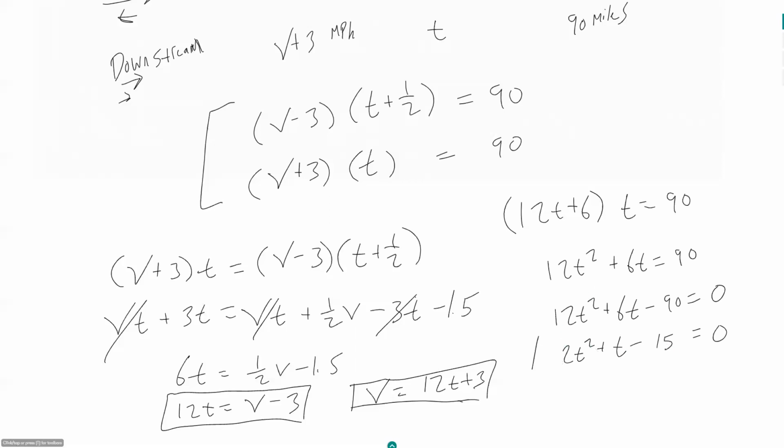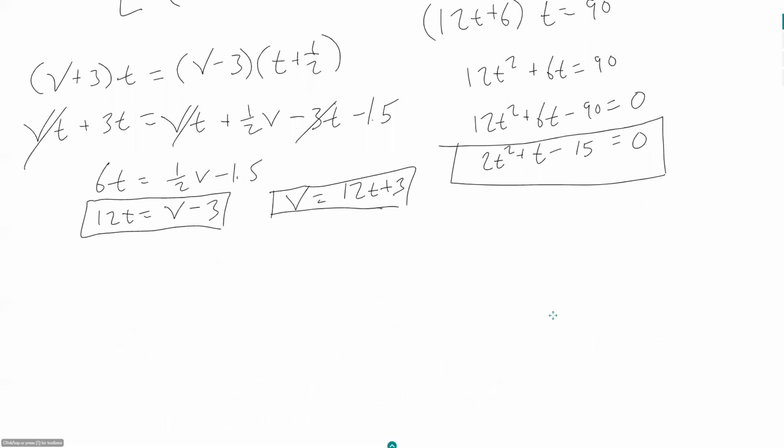So how do we solve these? We have a quadratic here with a leading coefficient. There's a way to solve these, and I can't remember how it is. And they almost never show up on the GMAT. I can just test things, though. So this is going to be either 2t plus 5 times t minus 3.